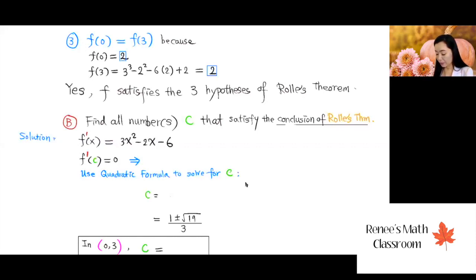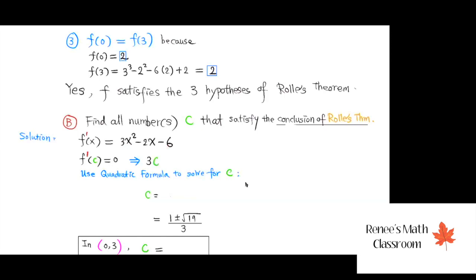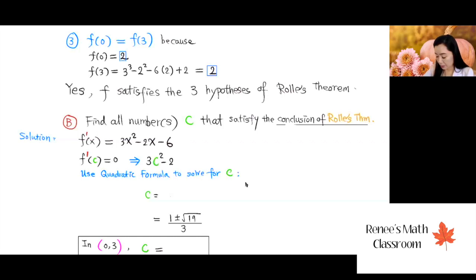And f prime of c equals 0. So you set that equal to 0 and solve for c. Okay, so we solve 3c squared minus 2c minus 6 equals 0. So f prime of c is equal to this. So substitute c into x. So this is f prime of c. And we set that equal to 0, and then we can solve for c.